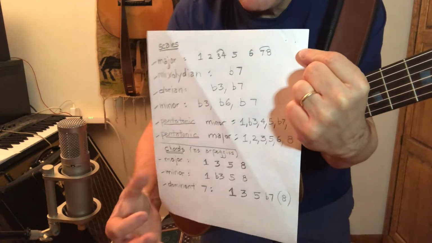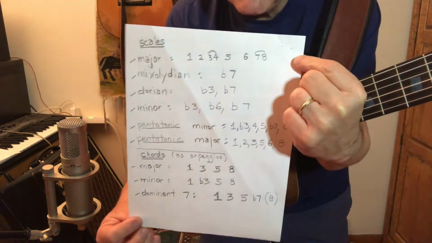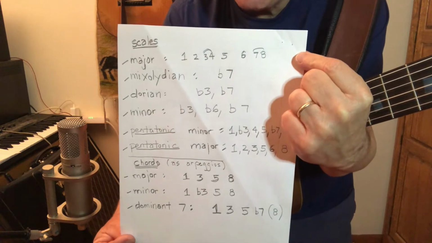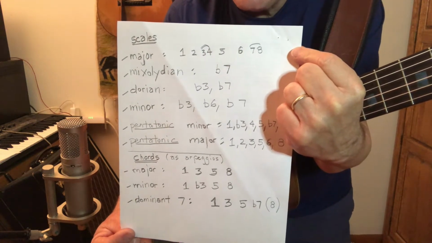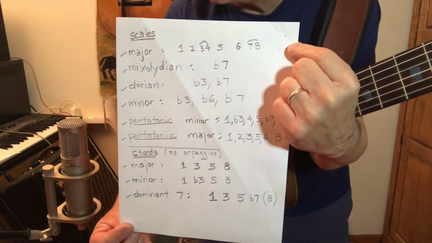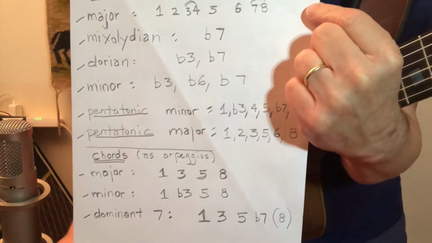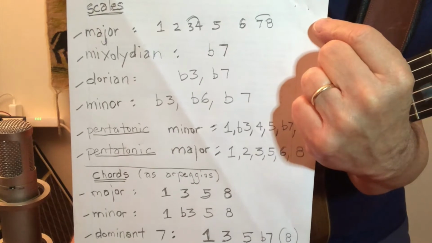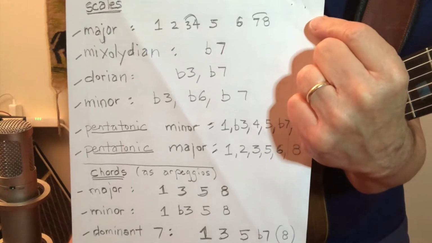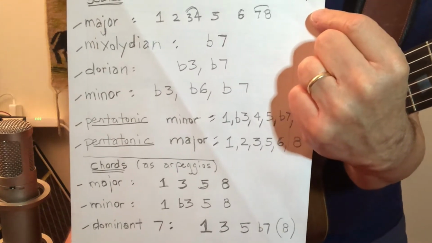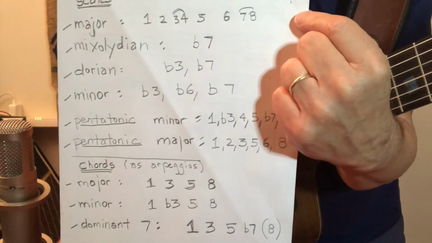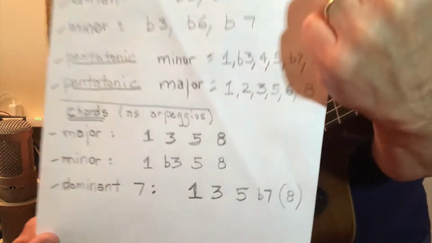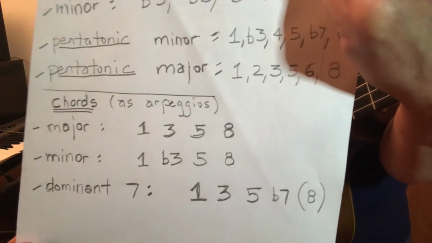Notice we've got major, then the Mixolydian has the flat 7, the Dorian has the flat 3rd and flat 7, the minor scale, sometimes called Aeolian, has the flat 3rd, flat 6, and flat 7. Then we have 2 pentatonics, pentatonic major and pentatonic minor.